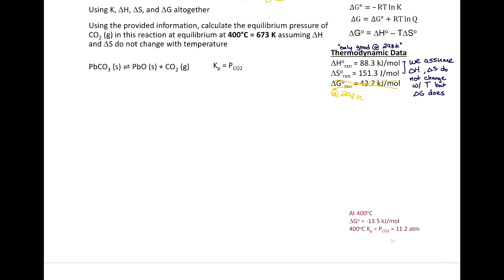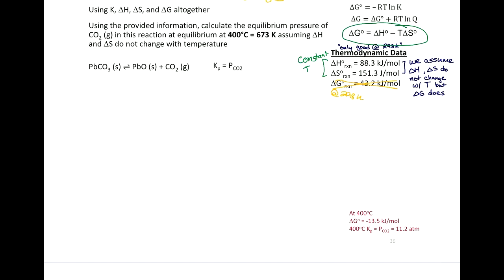But what we can do is make the approximation that delta H and delta S are constant with temperature, all right? They're constant with temperature, and so we're going to use this third equation first. We're going to calculate what's the new delta G value at this new elevated temperature based upon delta H and delta S of this reaction.